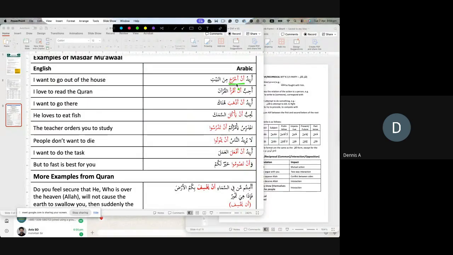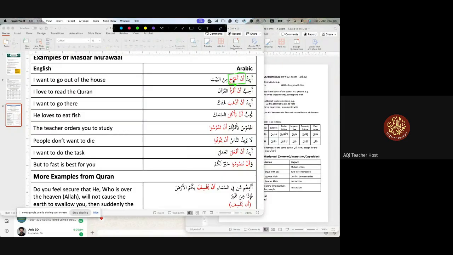So it's an idea and a concept that is composed of the particle an and the mudari verb, and it is giving a noun-like expression. Uridu means I want to go out. Kharaja means he went out.